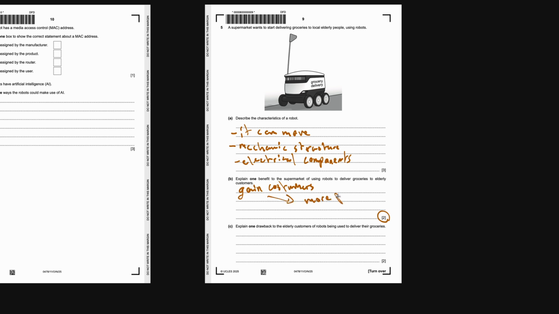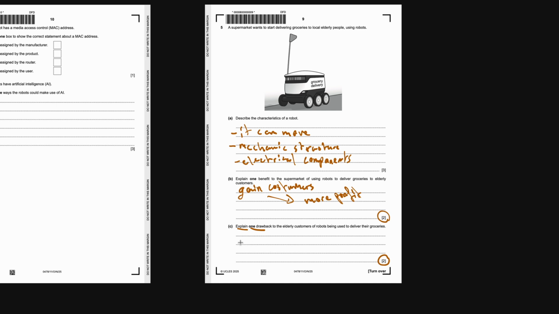more profit, right? So explain one drawback to the elderly customers of robots being used to deliver their groceries. Again, this is a 2-mark question, so you have to give the drawback and explain it, right? So any normal thing would suffice here.